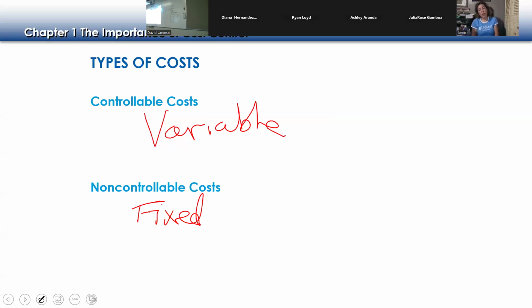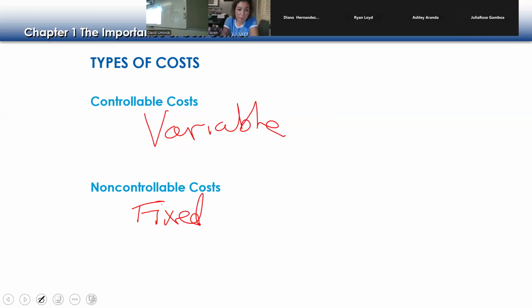So it does change, but how can we control our variable costs? Oh, like if we're buying food for the restaurant, we could change how much food, how much ingredient we buy. Yeah. So depending on what our sales are going to be, we can either buy more or buy less. So we can change that.